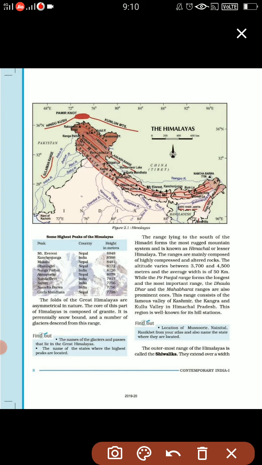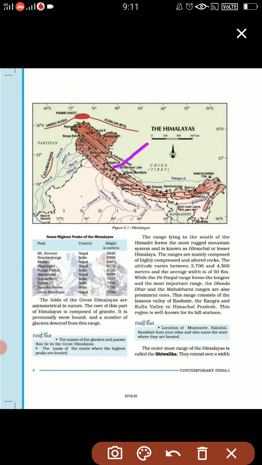The northernmost range is the Great Himalayas or the Inner Himalayas or the Himadri. So the uppermost is the Himadri range. It is the most continuous range consisting of the loftiest peaks with an average height of 6,000 meters.